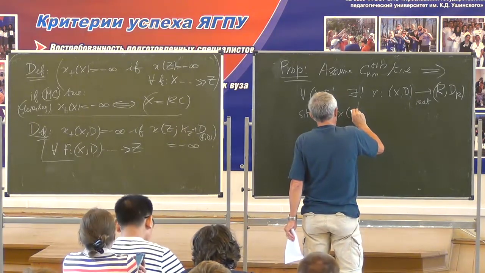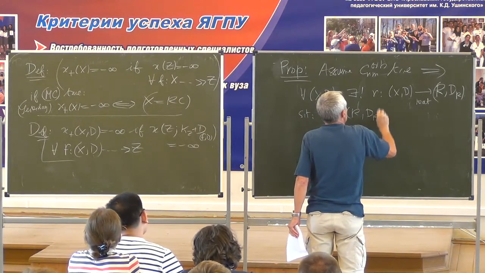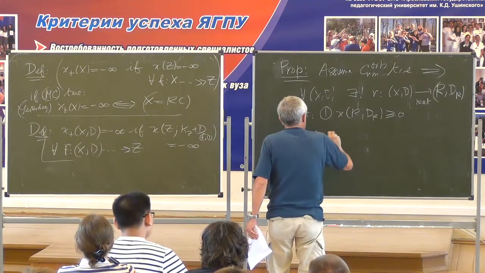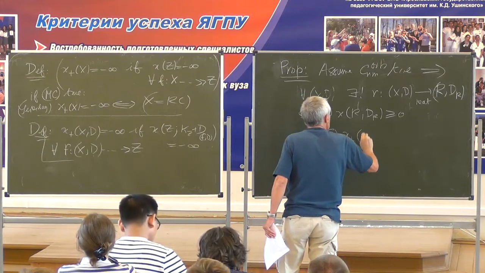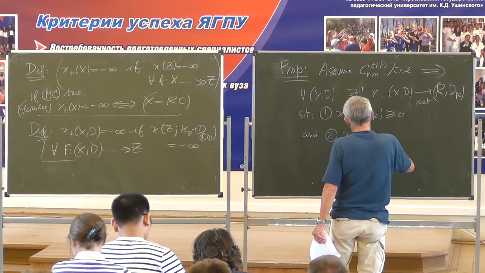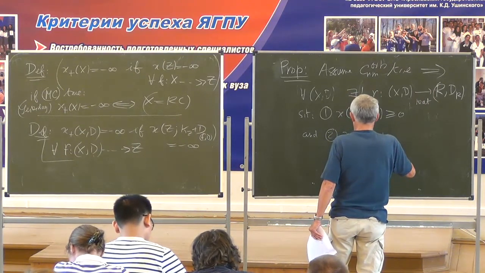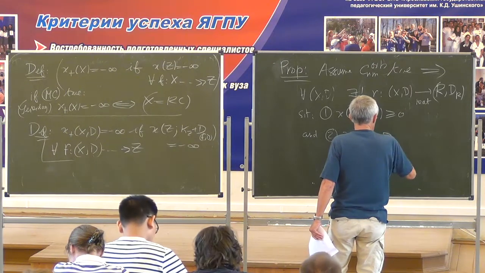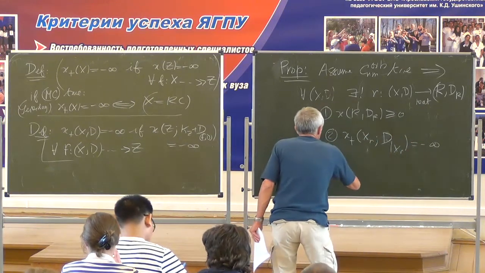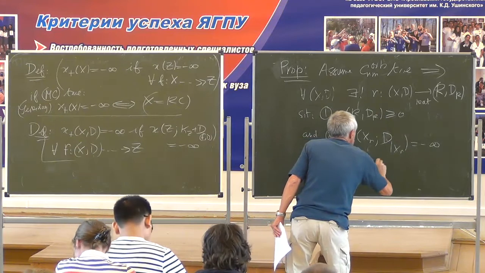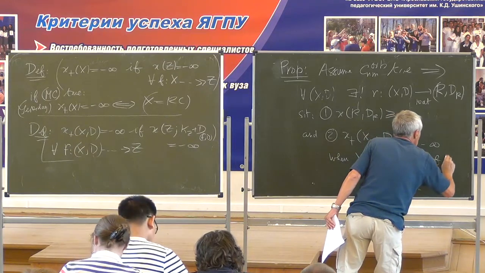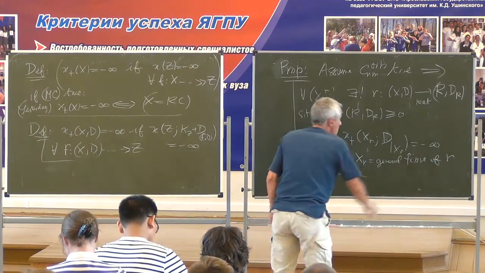If one, kappa of (R, D_R) is greater than or equal to 0, and two, we have kappa plus of X_R, I call it R, and here kappa plus of D restricted to X_R, this is minus infinity, where X_R is the general fiber of R. So we have this.